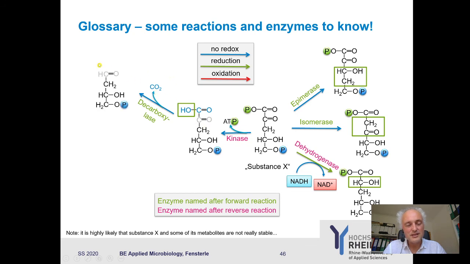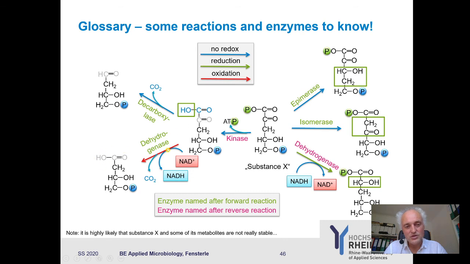So the carbon dioxide leaves and we have an aldehyde. So this is a non-oxidative decarboxylation. In an oxidative decarboxylation, this would at the same time be an oxidation here. So we would then have a carboxyl group at that position and carbon dioxide leaves.